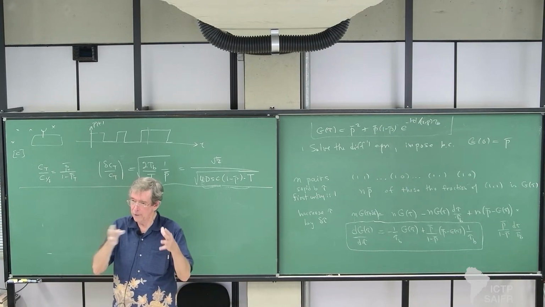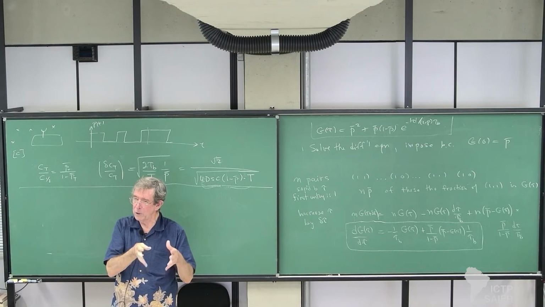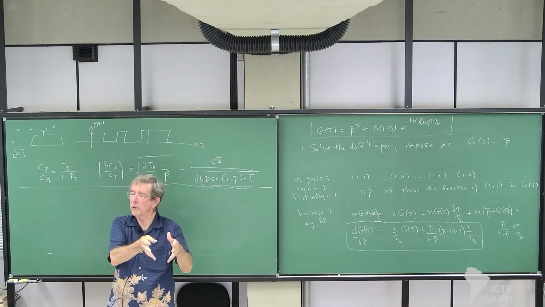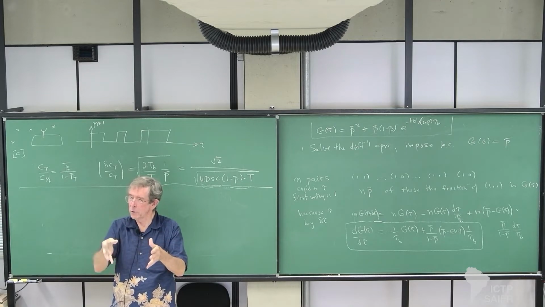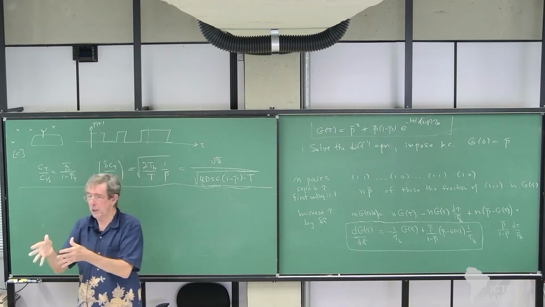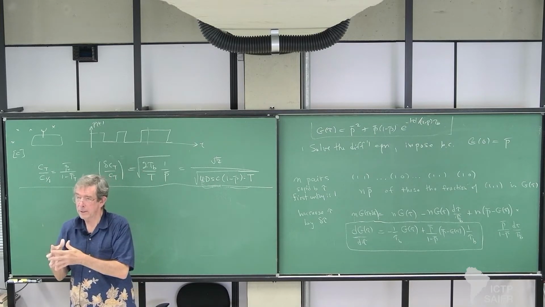It's just that at each stage you have to think, what is the correct thing to put down for how many 1-1 events I lost by increasing τ by delta τ, and how many new 1-1 events did I get by increasing τ by delta τ.